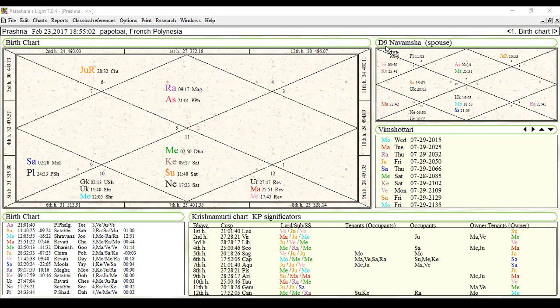It's the number of things coming to fruition. It's the end, the fulfillment. And in a sense, the D9, that's the 9th division, we call it the D9. This would be the D1, the first division. The D9 or the Navamsha represents the fulfillment of the horoscope.